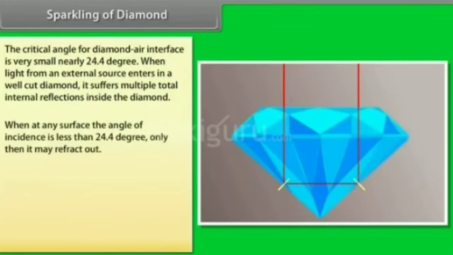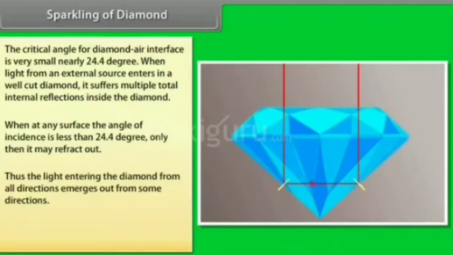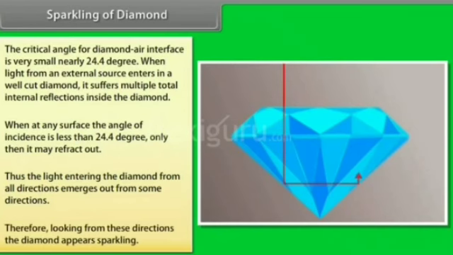At any surface where the angle of incidence is less than 24.4 degrees, only then it may refract out. Thus the light entering the diamond from all directions emerges out from only some directions, and therefore, looking from these directions, the diamond appears to be sparkling.